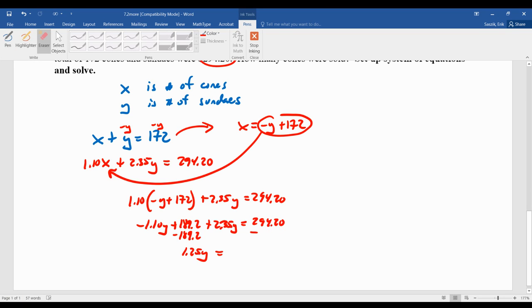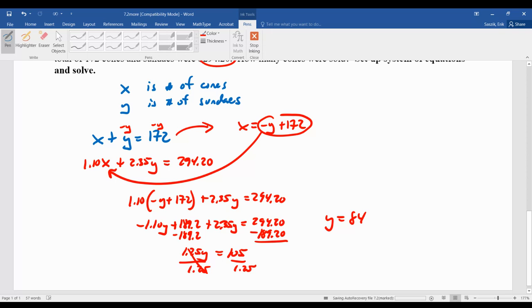Happens sometimes. So when we subtract that, we get 105. And if I divide by 1.25, I get y equals, and it comes out nicely here, to 84. Now remember, that's the number of sundaes. The problem asks for how many cones. So we can easily figure that out, though.